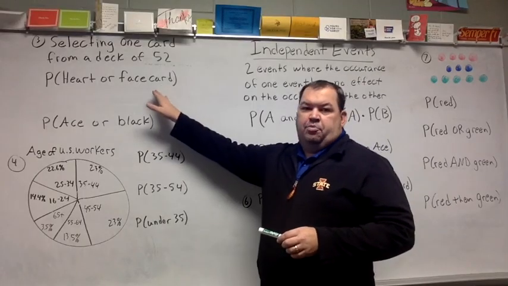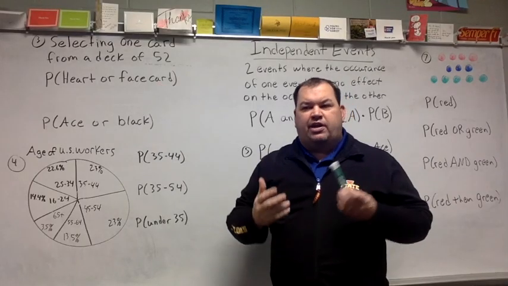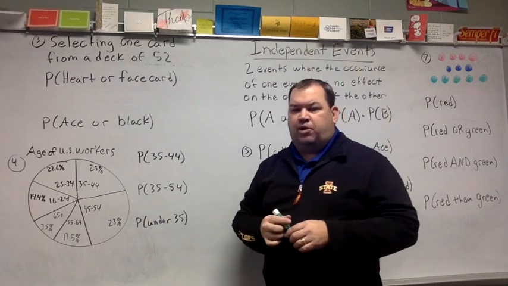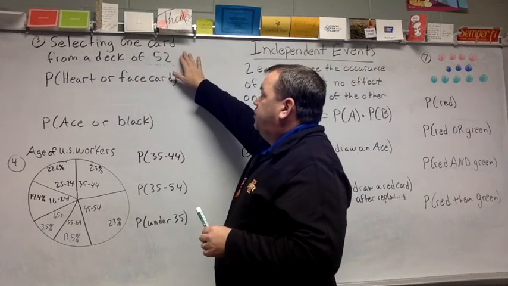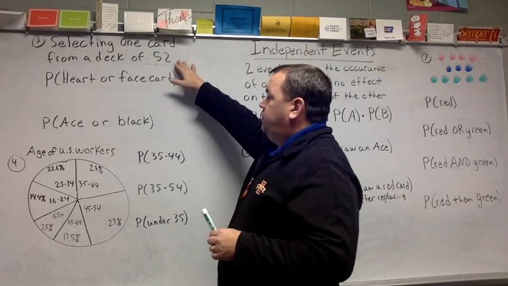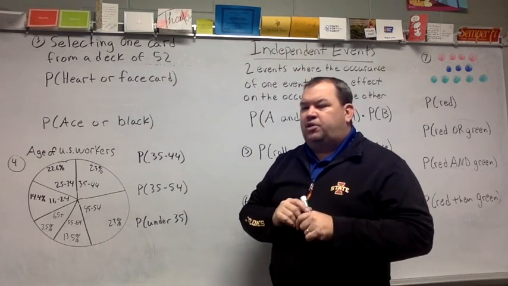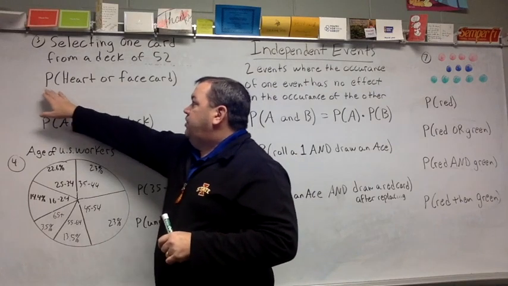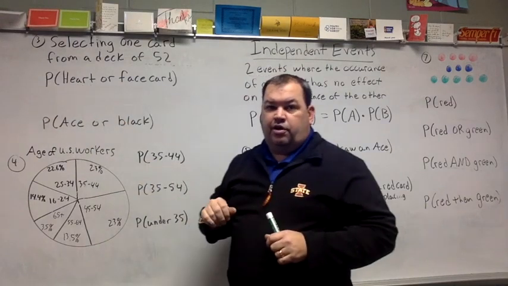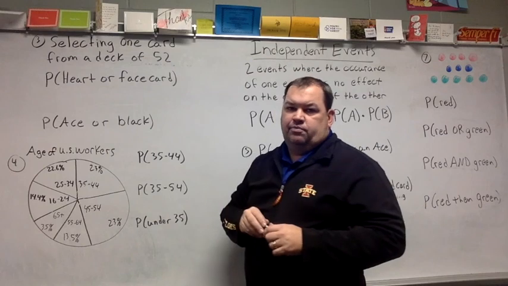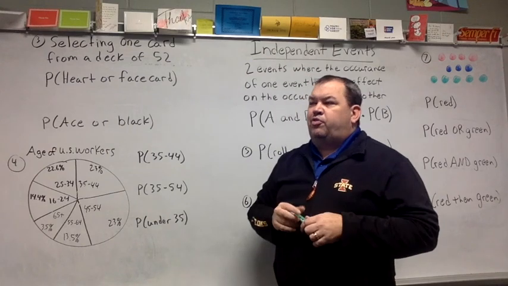So let's look at a couple of examples and see if we can find out what this mutually exclusive is all about. So this says we're going to select 1 card from a deck of 52. So notice it's only 1 event, but I'm looking at 2 different possibilities. I want to know the probability that I'm going to draw a heart card or a face card. Now I'm thinking about this.